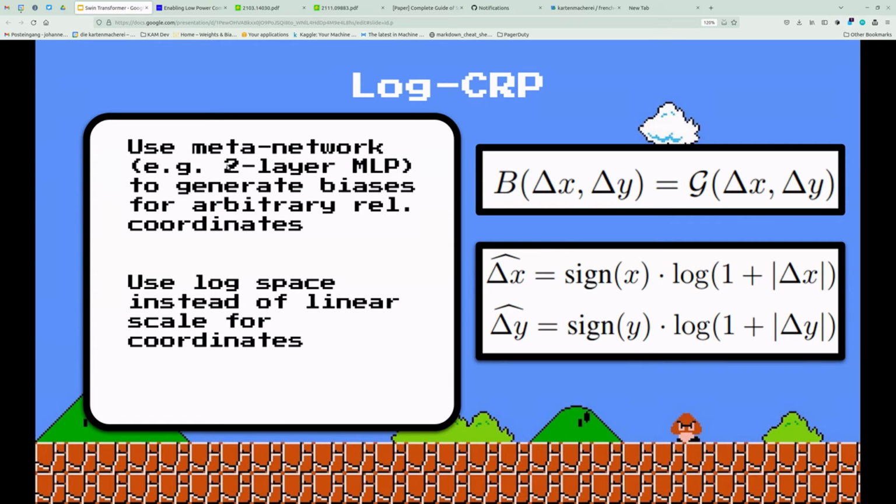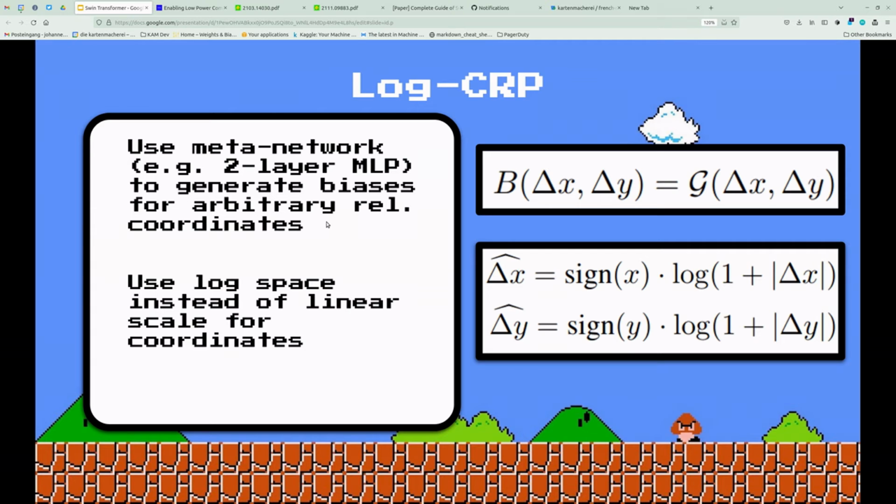A meta network is a two-layer MLP that generates these positional biases for arbitrary relative coordinates. How does that work? Good question. They don't go into detail on that really. It's probably something you can discover when you train it yourself, or look at the whole implementation, or even implement it yourself. It's also an interesting thing to investigate.